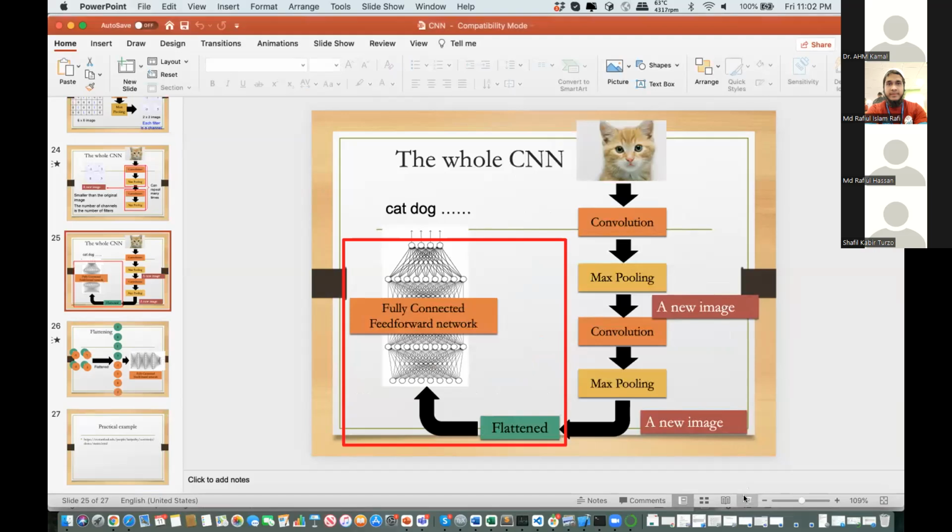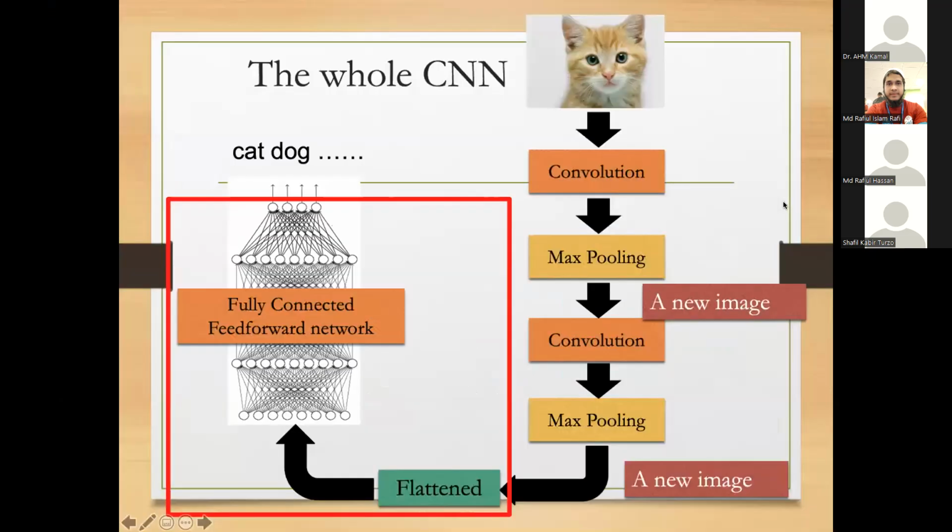So in the convolutional neural network, what happens? Everybody understands the convolution, right? Everybody understands the max pooling, right? Now in the convolutional neural network, let us suppose that I have got an image of a cat. I will use convolution and max pooling on this image.